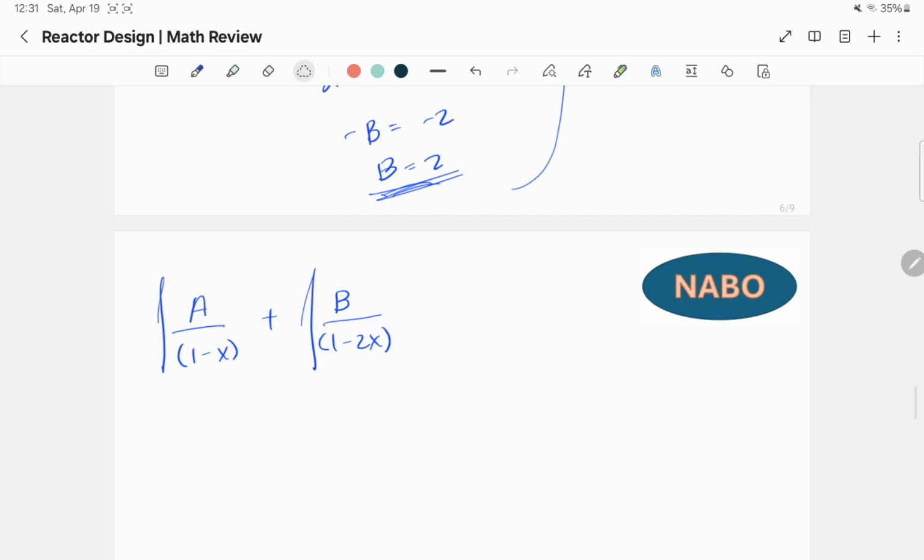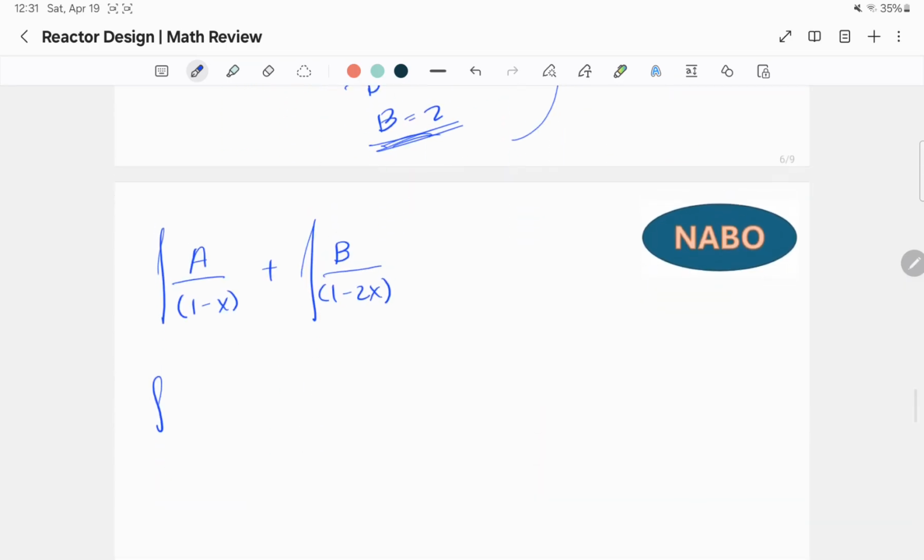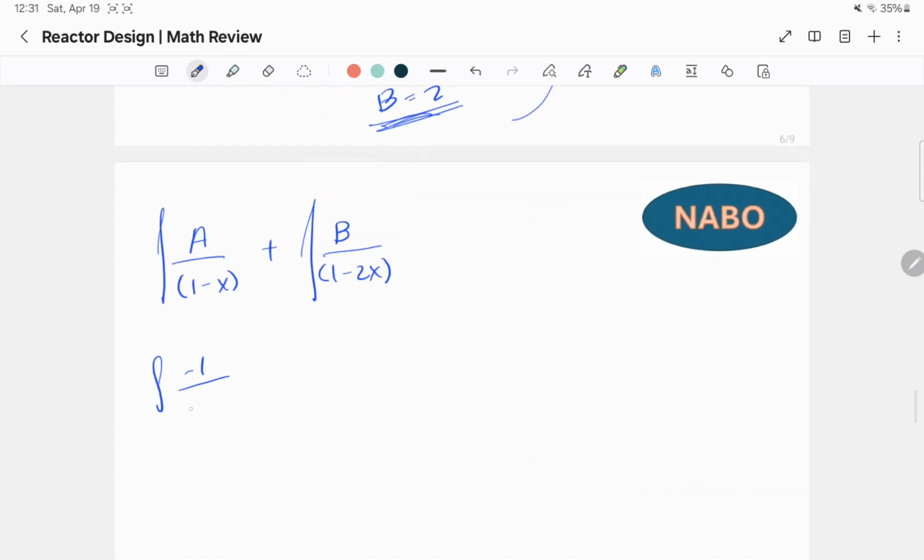So subbing in the values that we found, integral of -1 over 1 minus x plus the integral of 2 over 1 minus 2x.